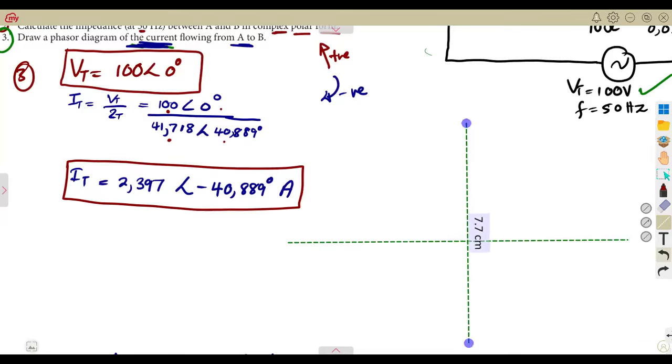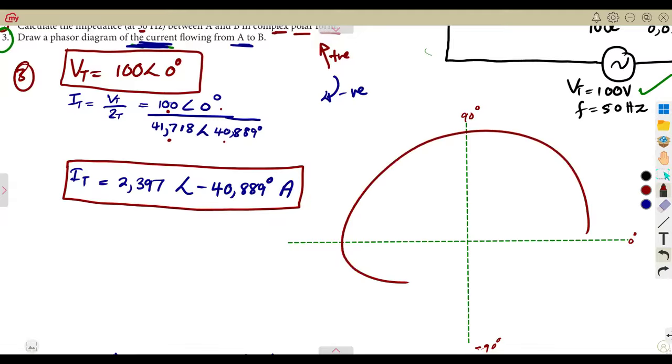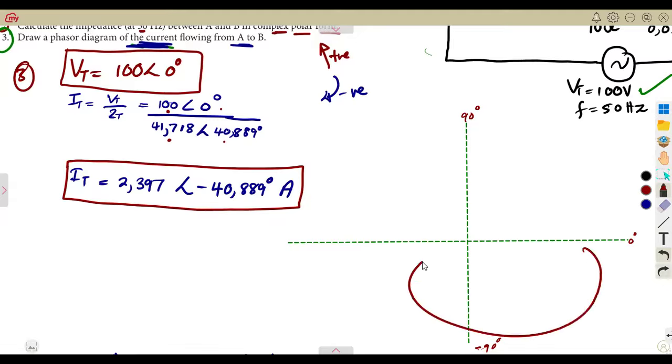All right. So along this line, we have got 100 at 0 degrees. Remember, this is 0 degrees, 90 degrees. At this side, we are going this side negative. So you're going to have minus 90 degrees, minus 180, depending on the direction. Going this side, positive, anti-clockwise; clockwise, negative.